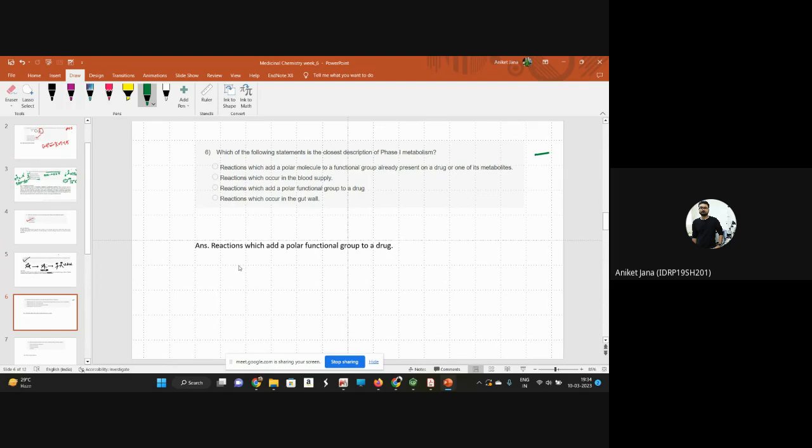Phase 1 metabolism includes introduction of a polar group to a drug.